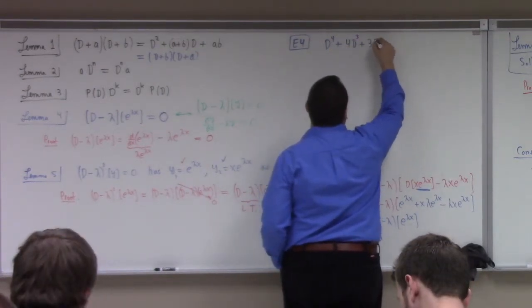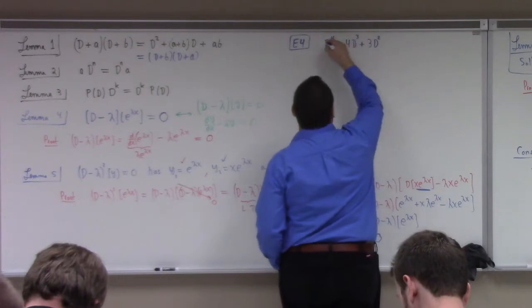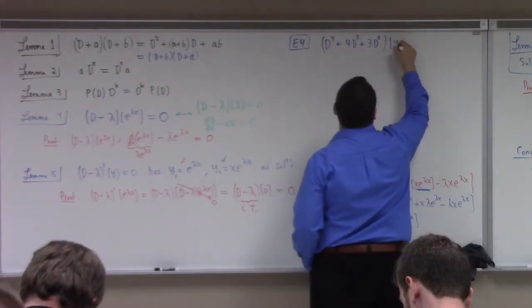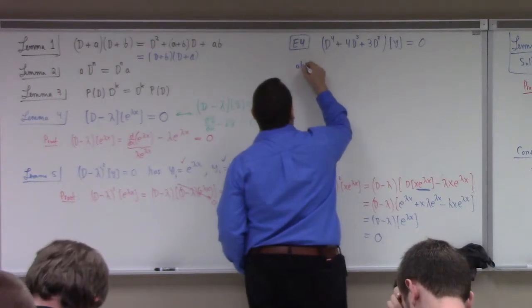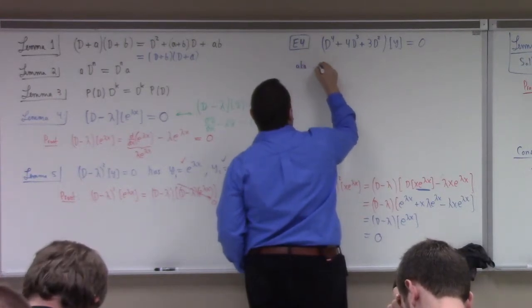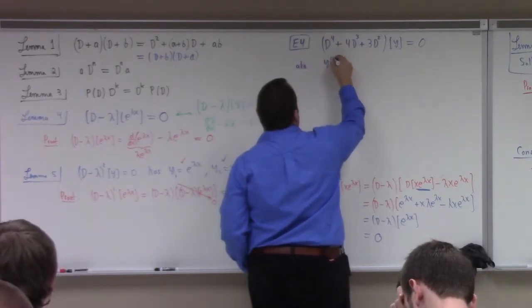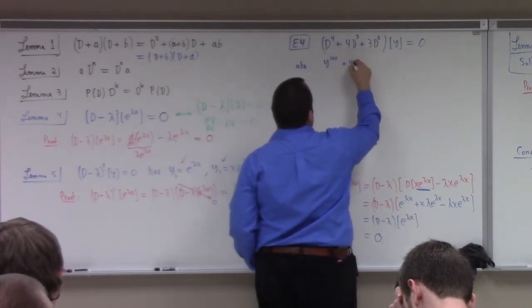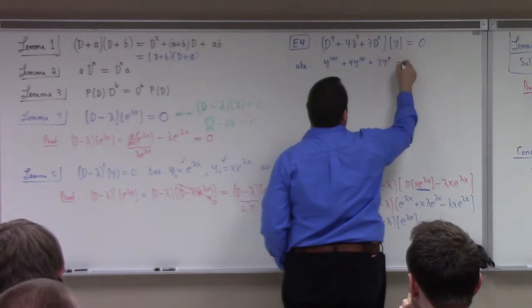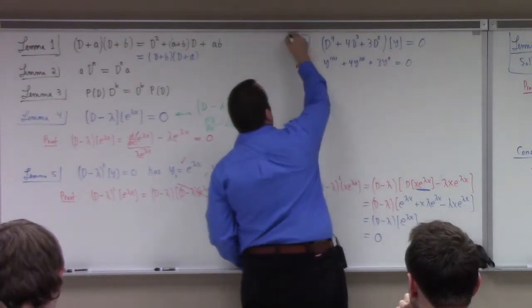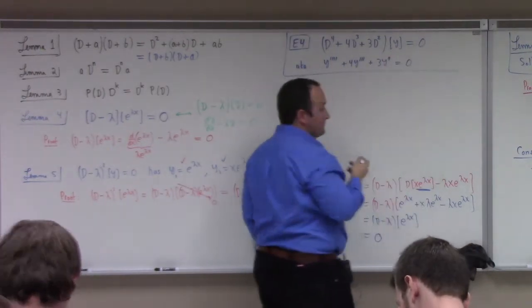Plus 3D squared acting on y equals 0. Now, this might have looked like, in the textbook, maybe y prime prime prime prime plus 4 y prime prime prime plus 3 y prime prime equal to 0. Okay? How do you solve that differential equation?